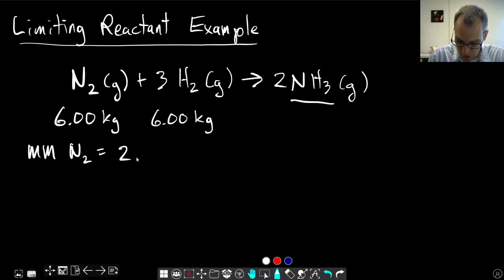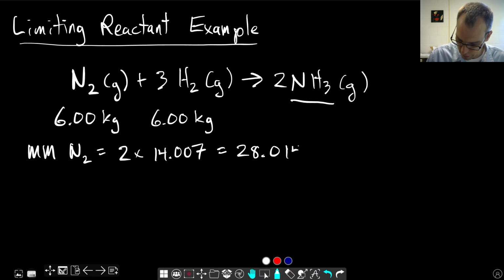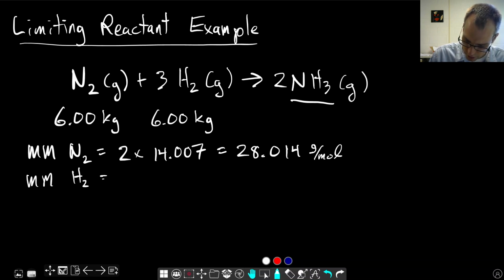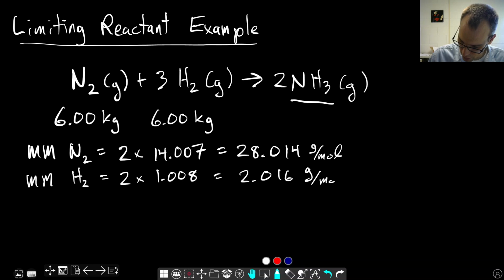That's going to be 2 times the value from the periodic table, 14.007, which is equal to 28.014 grams per mole. And then we're going to need the molar mass of hydrogen, which is 2 times 1.008, which is equal to 2.016 grams per mole.